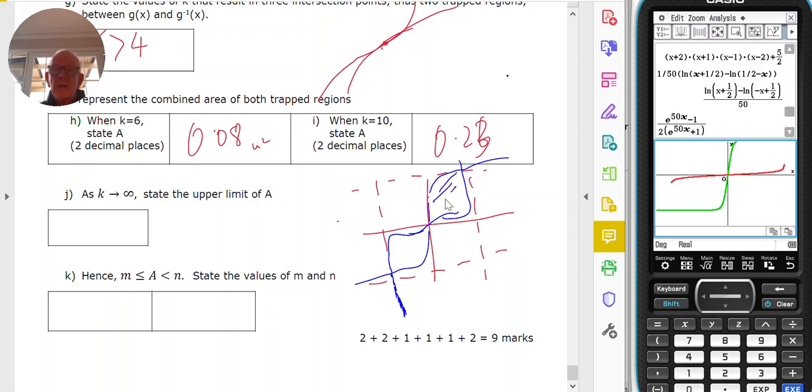So the combined areas will each approach the inside square, the square that's determined by a half and 0 and 0. So a half times a half is 1/4, and a half times a half is 1/4. So the combined areas are going to approach 1/2.